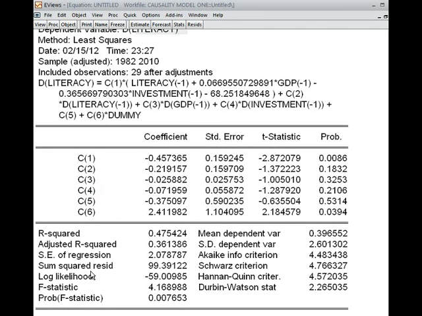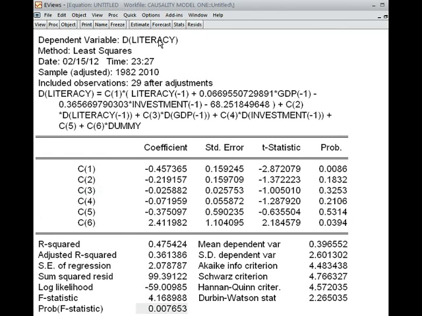But the good sign is the F statistic is significant. You can see the probability value is less than 5%, meaning that the independent variables jointly can influence the dependent variable, which is literacy.